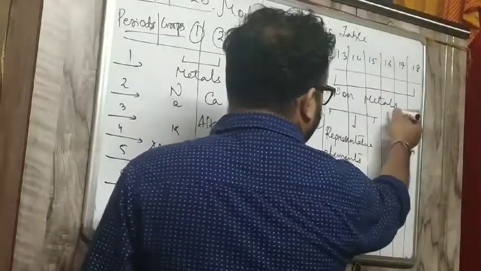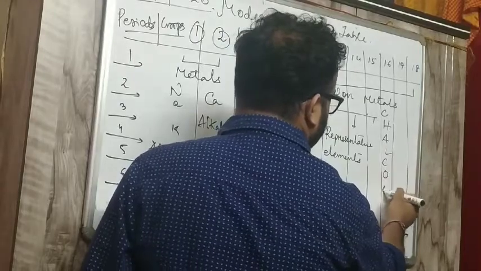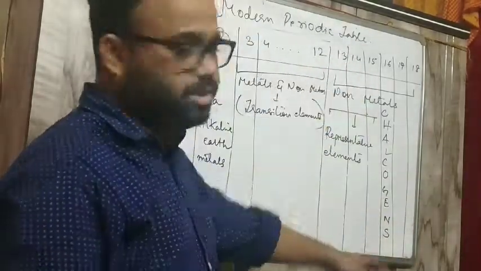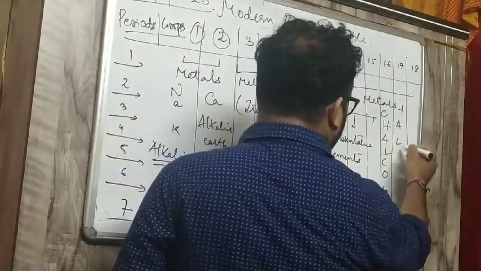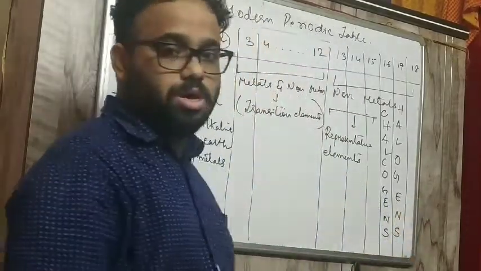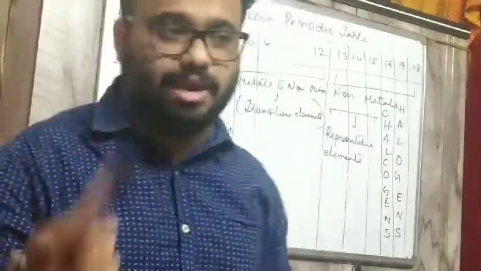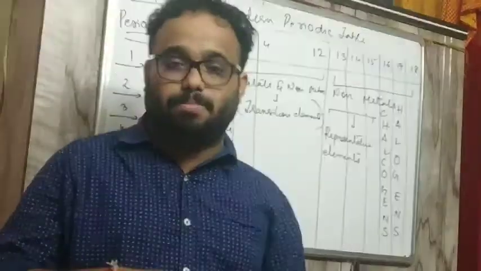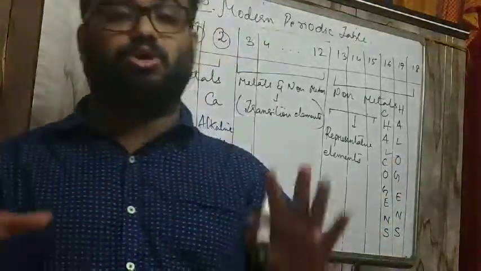Group 16 has a name, which is chalcogens. Group 17 has a name, which is halogens. Now remember, in Mendeleev's periodic table we discussed the zero group. The zero group means those elements which are placed separately because they do not react.